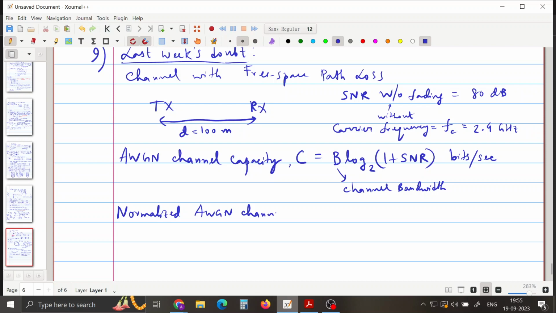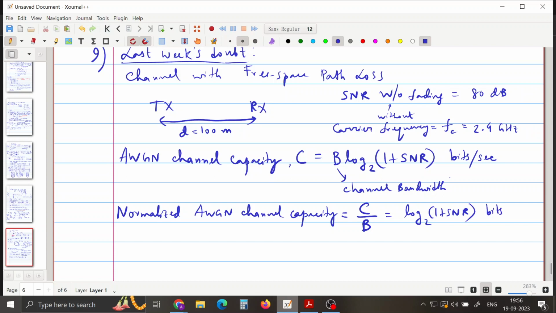Now the normalized AWGN channel capacity is basically your C by B, capacity per unit bandwidth. So C by B is what? Log base 2 of 1 plus SNR. And what will be the unit?